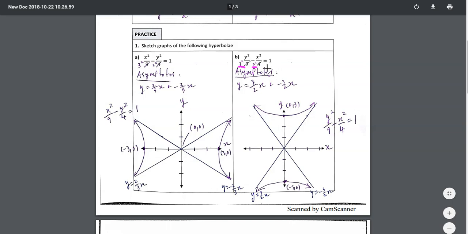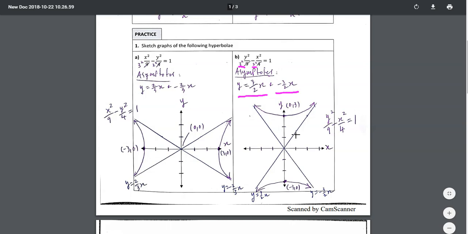So this time we get plus or minus b over a being plus or minus 3 over 2, which gives us y equals plus 3 over 2 x and y equals minus 3 over 2 x. So you plot those two linear graphs here and here, all right?